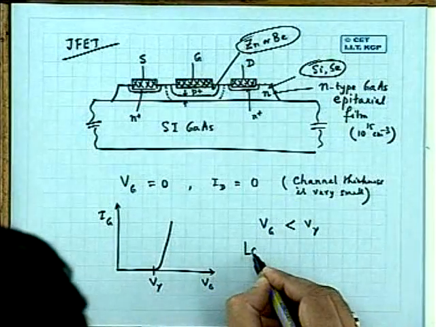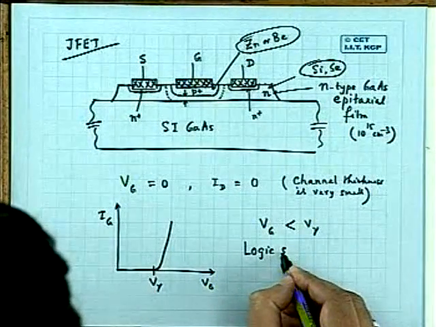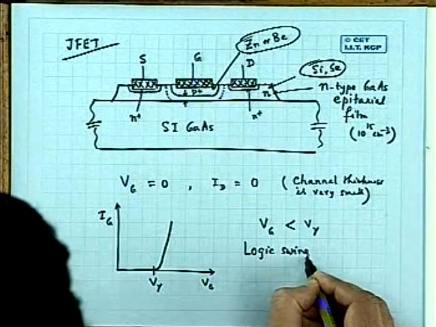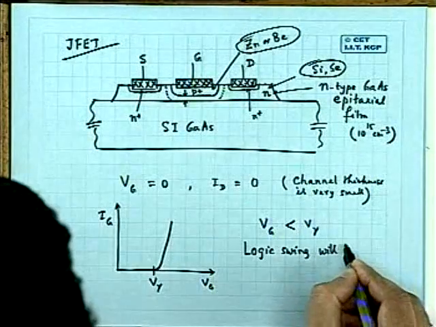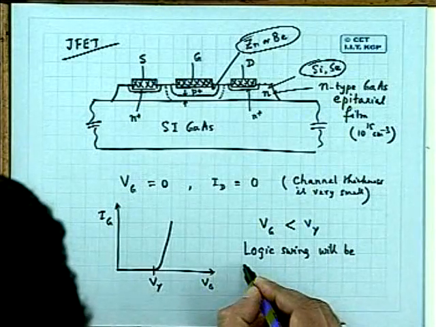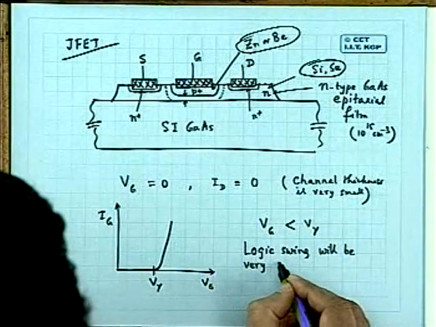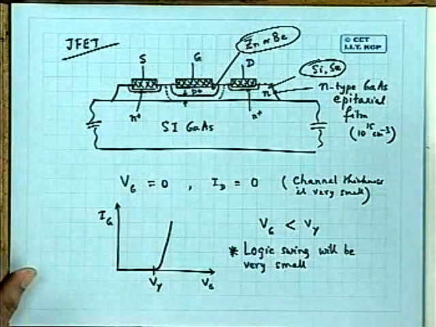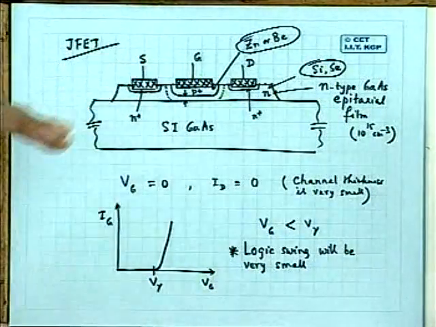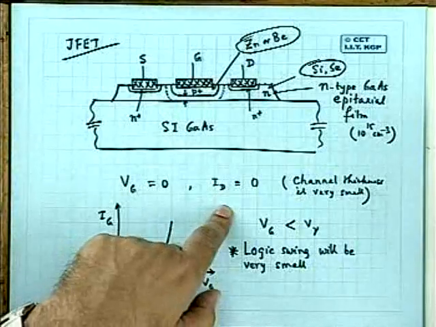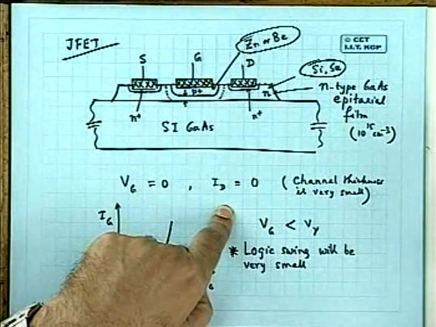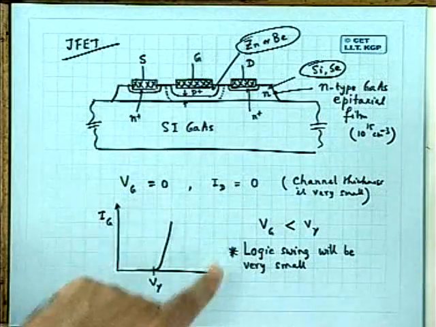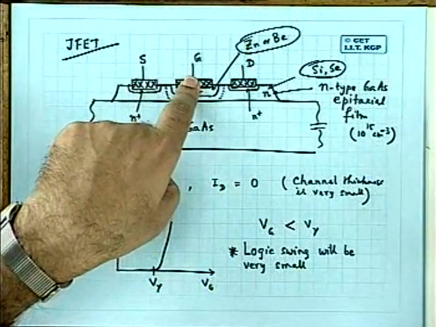Therefore, the logic swing will be very small. It is an enhancement mode device because when Vg is 0, Id is 0, and when you apply a small positive voltage at the gate, Id is small.